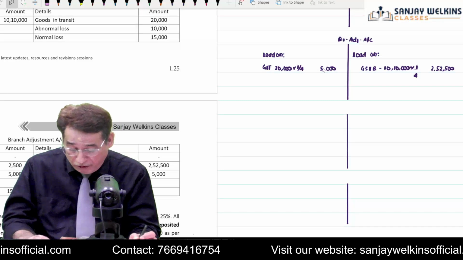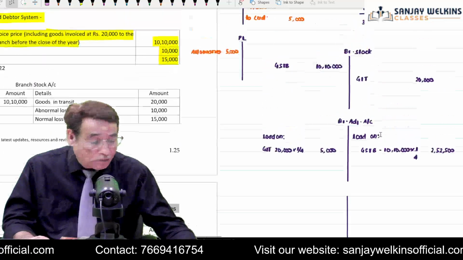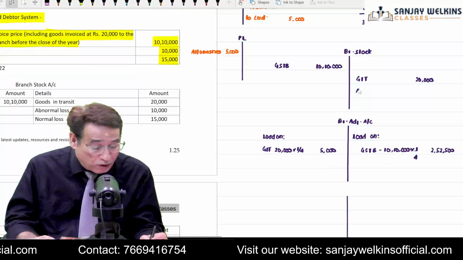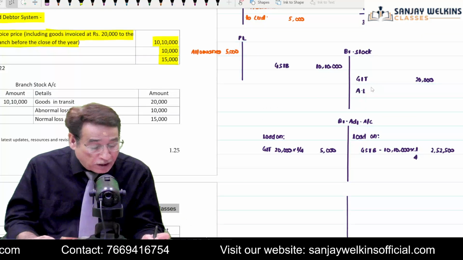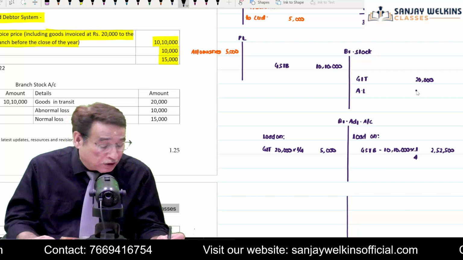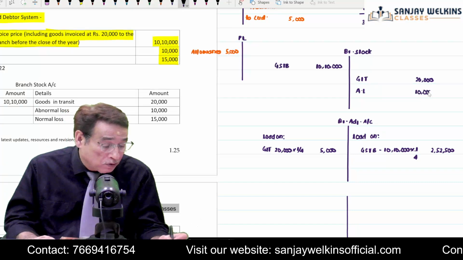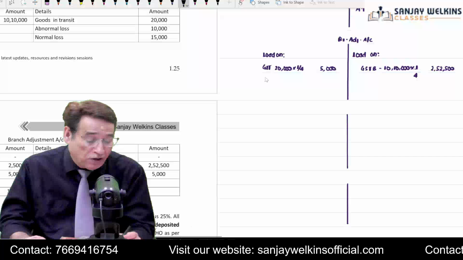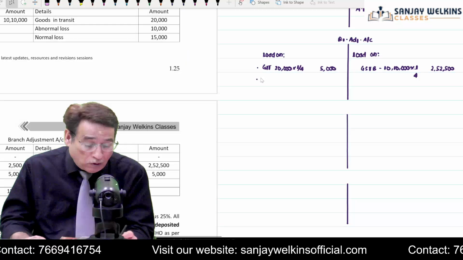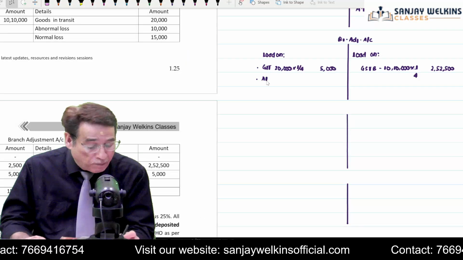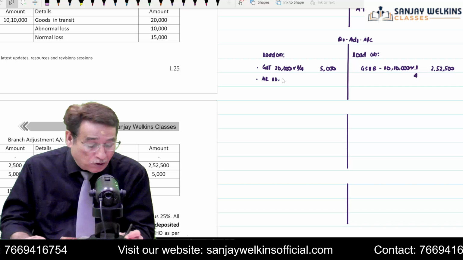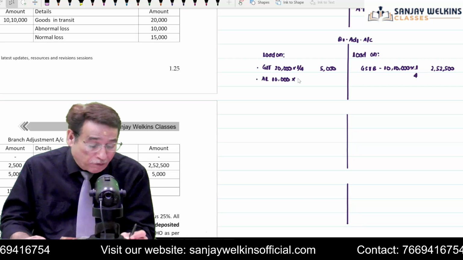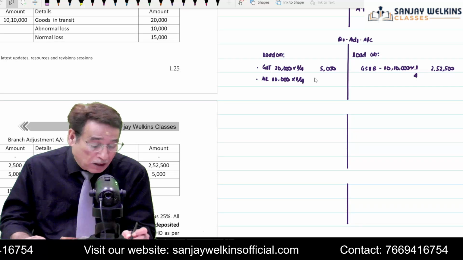Then we are being given here invoice value of goods pilfered. It will be treated as abnormal loss. In bracket you can write invoice value of goods pilfered 10,000. So this will be treated as abnormal loss, and as you know, even the loading of abnormal loss will be written. Abnormal loss is 10,000. Your loading amount will be equal to 1/4, that is equal to 2,500.